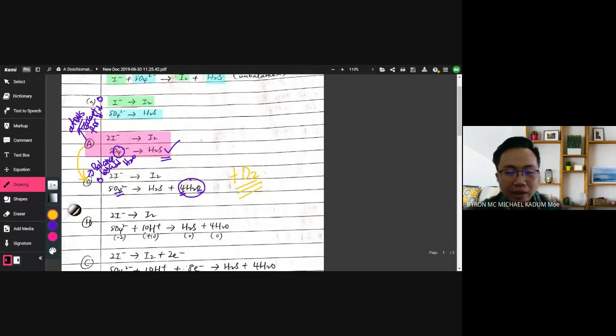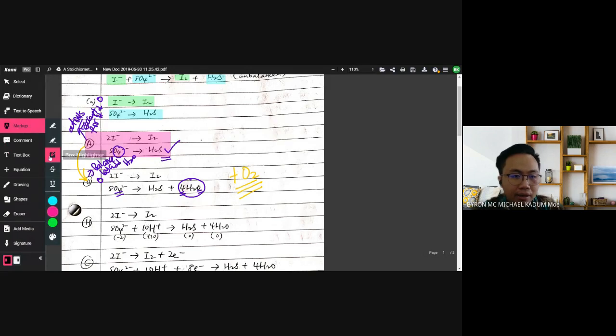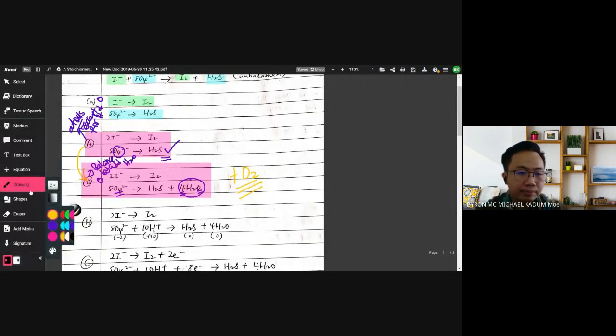So untuk balancekan dia tu, kena tambah pada bahagian yang tidak ada oksigen. So kita tambahlah di bahagian sini. Barulah dia balance. So bila kita sudah selesai balancing the oxygen, baru kita masuk ke balancing hydrogen.